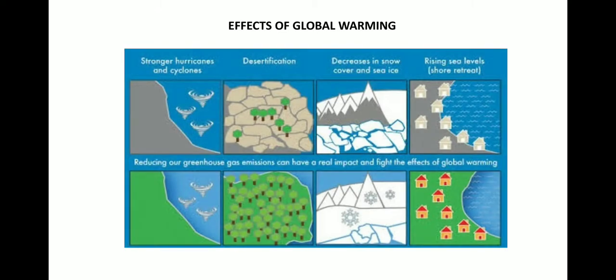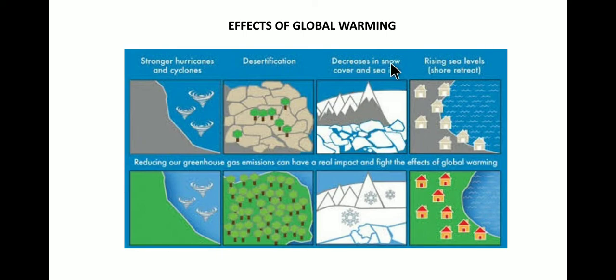So I will take the help of a picture over here. You can see stronger hurricanes and cyclones as an effect of global warming. Desertification means the deserts will grow. Okay, fewer plants and trees will be seen. Decrease in snow cover and sea ice. You can see most of the glaciers are melting.